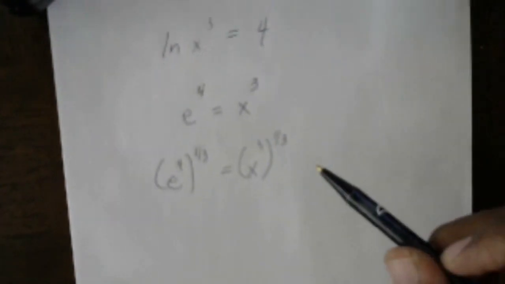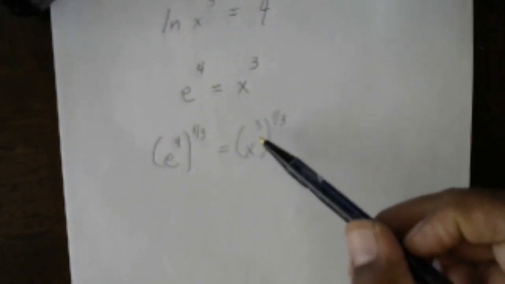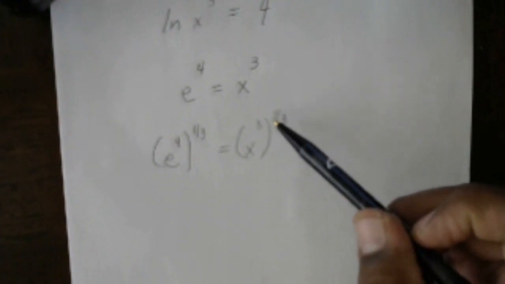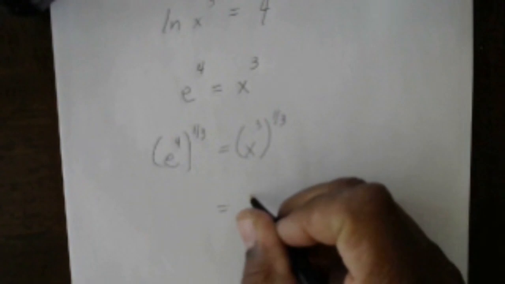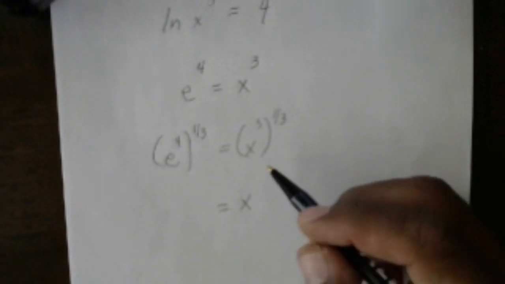So this is where I'm really raising everything to the 1/3 power. Because when I raise a power to another power, my operation is to multiply. So if I multiply 3 times 1/3, I get 1, which is x to the first power, which is what I'm trying to solve.